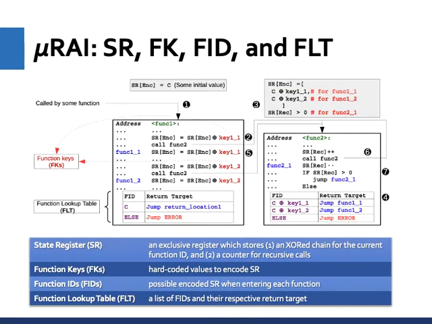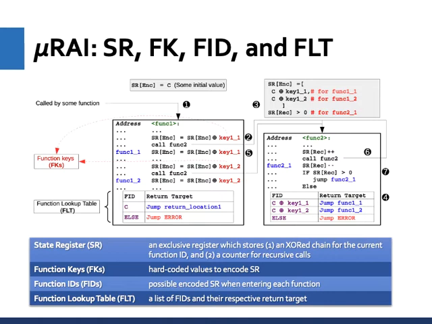To solve this problem, we need to know function calls are like a chain: A equals B, B equals C. If we store the chain value somewhere, we can know the correct return address by checking the current chain value. The chain is encoded using XOR operations. Each time a function needs to call another one, it XORs the current chain value with a hard-coded key.